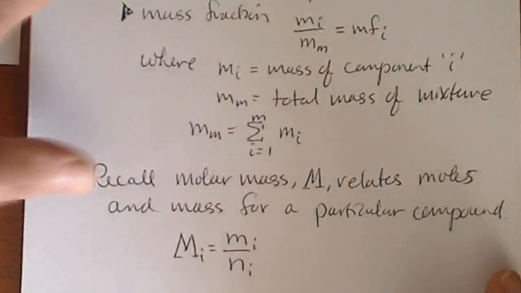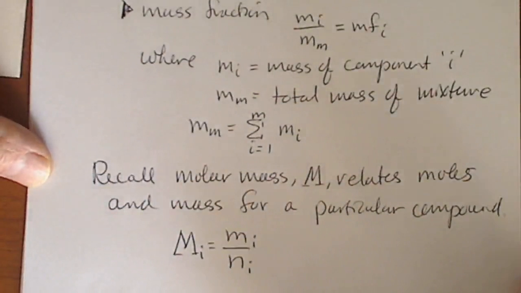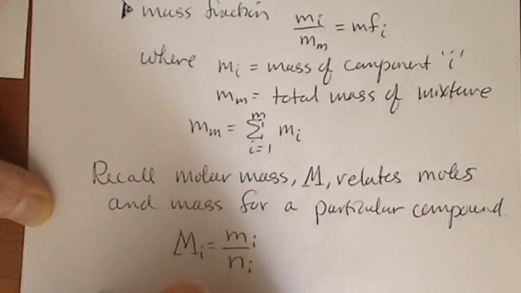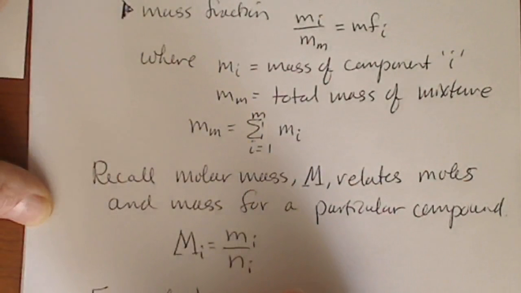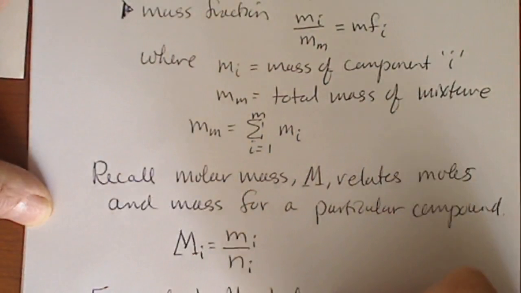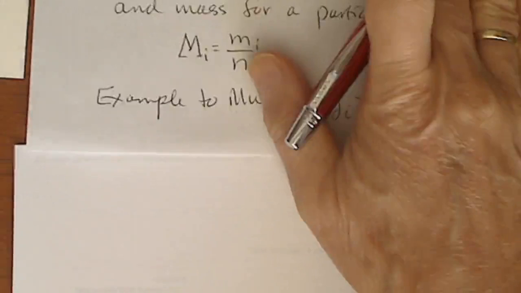Let's take maybe kind of a simple example to look at this. If we know the mole fractions, how do we find the mass fractions? So let's see if I can lead us through that.